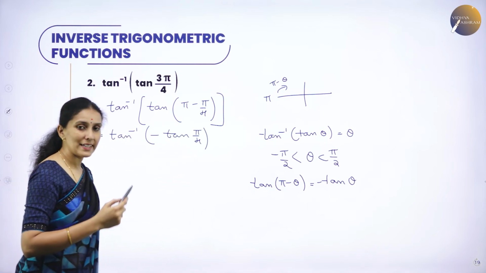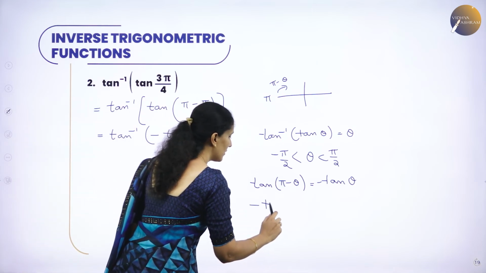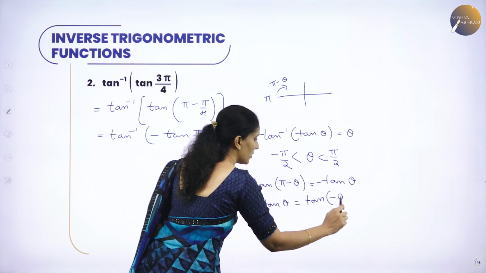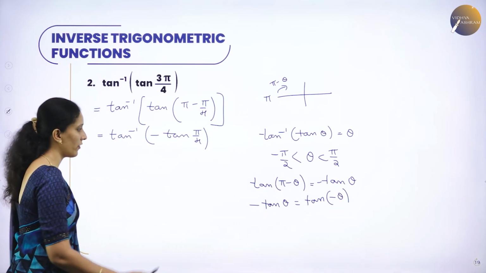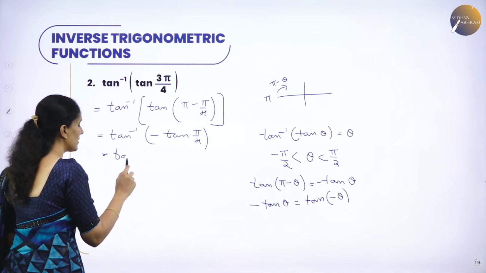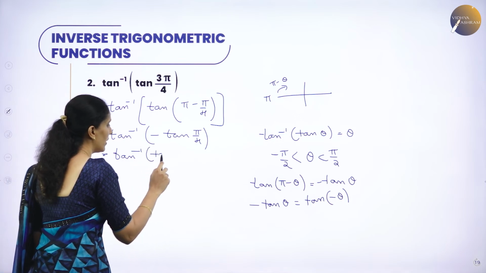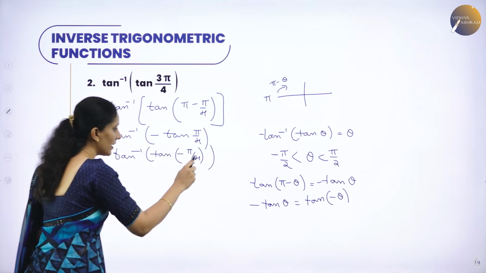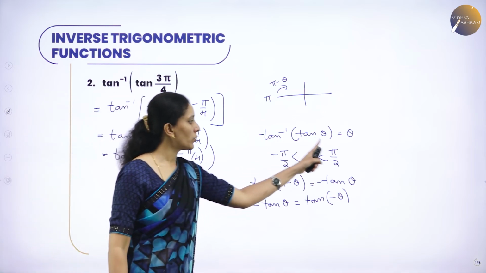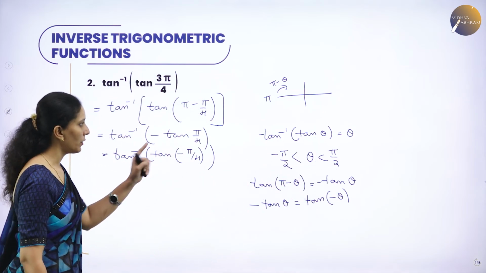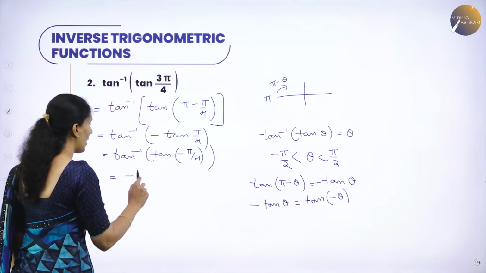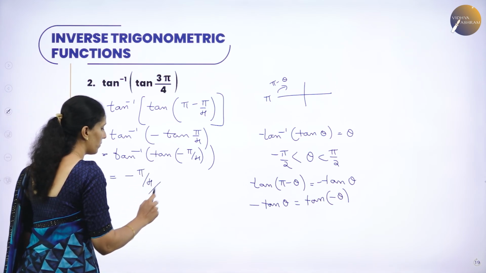And we know that minus tan theta can be written as tan of minus theta using the properties of trigonometric functions. So therefore I can write this as tan inverse of tan of minus pi by 4. Now minus pi by 4 lies between this interval. Hence I can use the property tan inverse of tan theta as theta. So therefore the value is minus pi by 4.